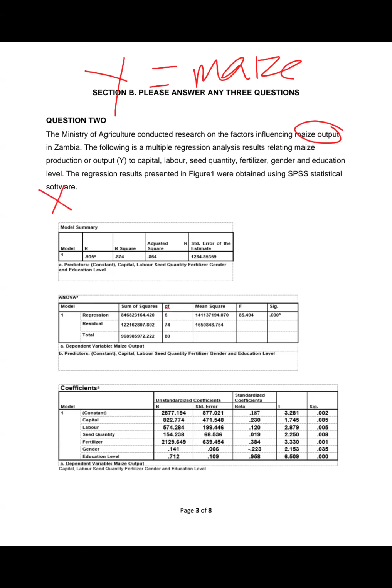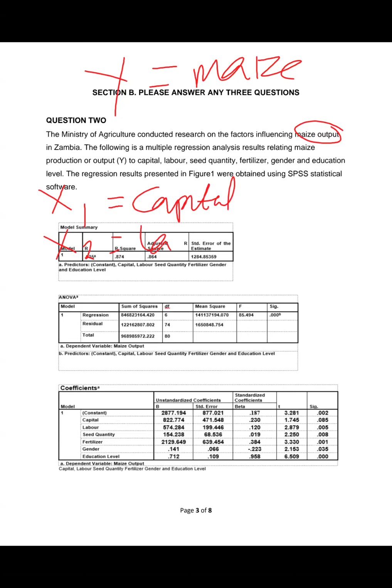Those are X's now. A multiple regression results related to this was what? Maize. There was capital, right?